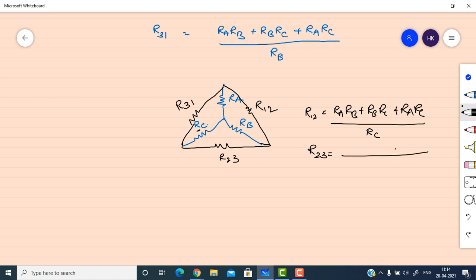For R23 the opposite resistance is RA, so you divide with RA. And for R31, the opposite resistance is RB, so again the numerator is the same and you divide with RB. In this way you can remember the formula.